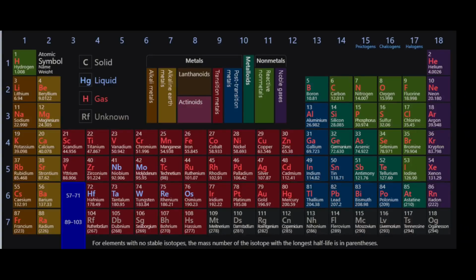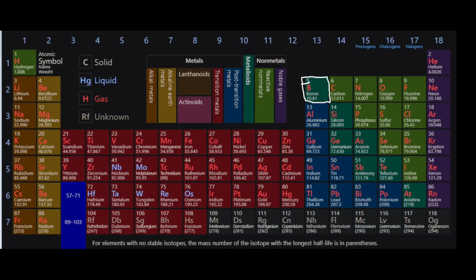Okay, so the periodic table. The first thing you should notice are these little boxes for each element. Let's talk about it. At the top is the atomic number, and the atomic number is basically the only way you can tell the difference between an atom.